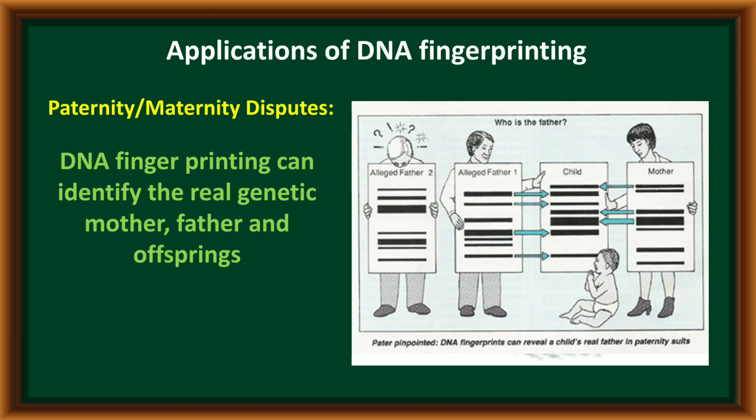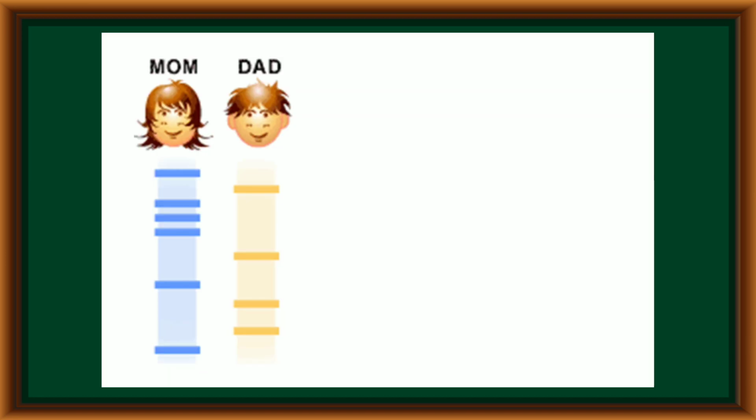Along with that, especially in hospitals, paternity and maternity disputes can be identified correctly. The DNA fingerprinting technique helps to identify the real genetic mother, father and offspring in various conditions. The parents, mother and father, have a unique DNA band pattern in the autoradiogram.